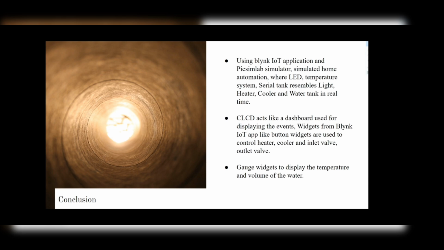And the LCD acts like a dashboard for displaying the event widgets from the Blynk IoT app, like buttons, widgets, the notification bar, the temperature sensor, or the volume sensor, which shows us the value of the current situation. Gauge widgets display the temperature and volume, as you can see.